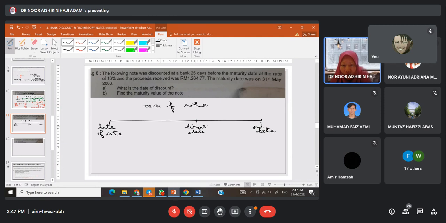From date of note until maturity date kan? So that will be from one end to another. But when you go to the bank and sell off the note before the maturity date, you have a discount date. And the term between the discount date and the maturity date is called the discount term.